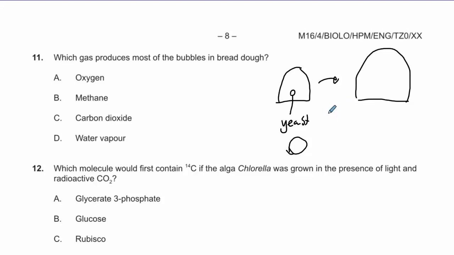No, sorry, of course not a protozoa. Yeast are classified in the fungus kingdom, but they are eukaryotic. Okay, so you put the yeast into the bread, and so that's one thing.